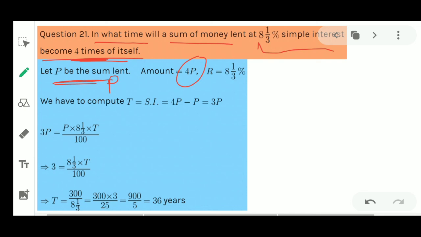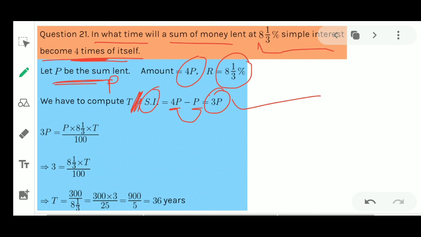Okay, and rate of interest is 8 whole 1 by 3%, that is given. Now I have to find out t. But SI is what? Amount 4p minus principal. So SI equal to 3p.